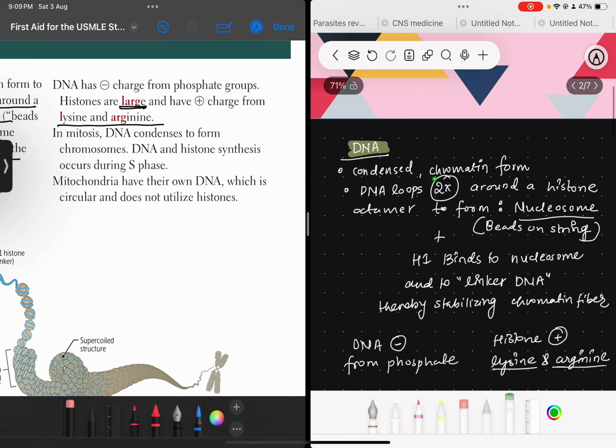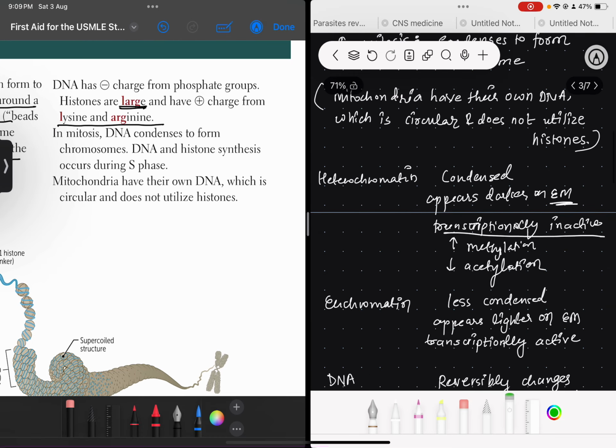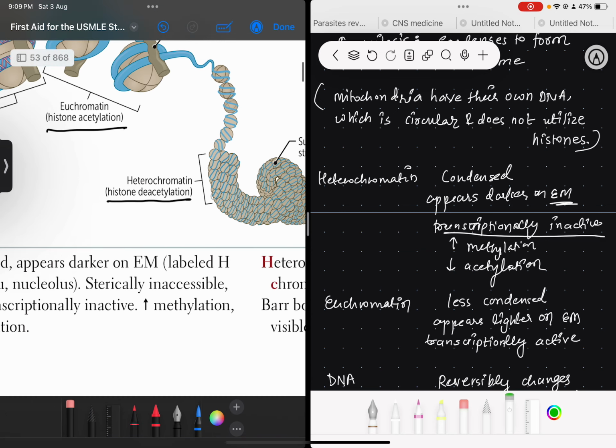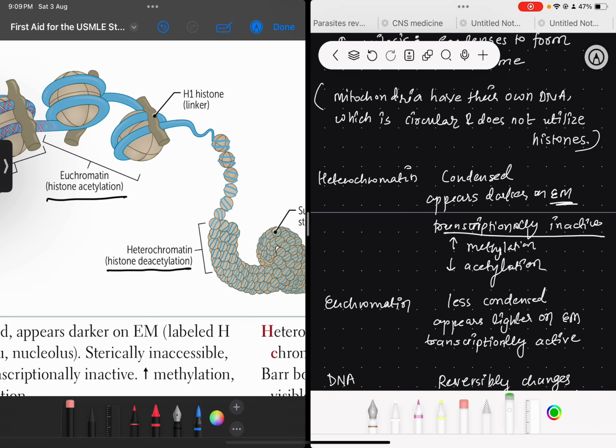We have learned that it is in chromatin form. Now it has mainly two types: heterochromatin and euchromatin. Heterochromatin, as you can see here, is more condensed than euchromatin. Since it is condensed, it will appear dark on electron microscope, and it is condensed due to increased methylation and decreased acetylation, and that's why it is transcriptionally inactive.